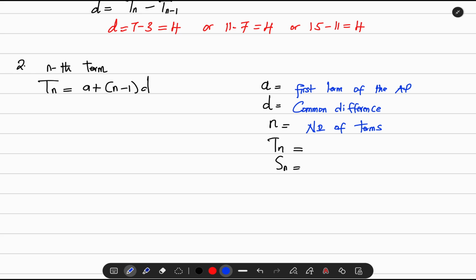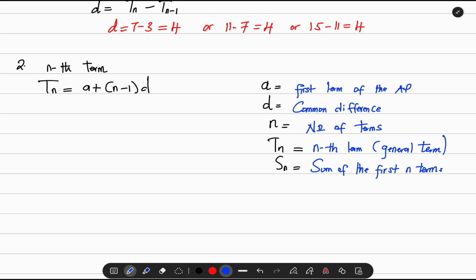Tn is just the nth term, which is just the general term. Sn is the sum of the first n terms. Don't just say the sum of terms. No, the sum of the first n terms. I think in every question you are going to find, they always include the word first.